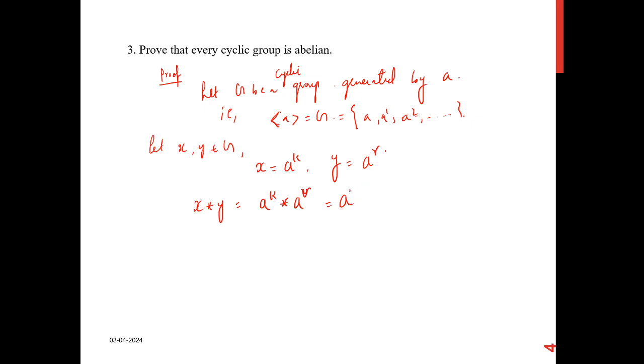This is equal to A raised to k plus r, which equals A raised to r plus k, which equals A raised to r star A raised to k, which equals y star x. So for any arbitrary x and y, x star y equals y star x, which implies G is abelian.